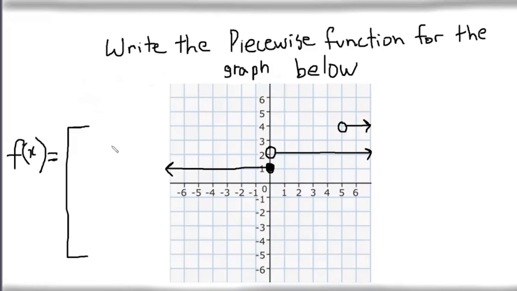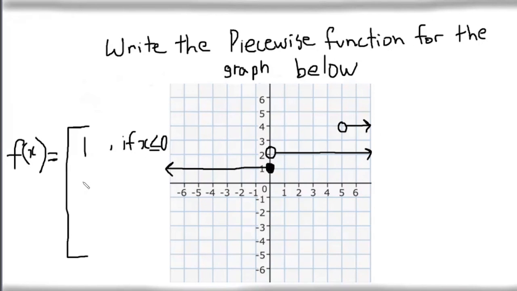So we'll just put in a comma there, and then we'll add if x is less than or equal to 0, right? Because that's what's happening here. It's less than or equal to because it's filled in here, so it's less than or equal to 0, right? So now our equation, it's just a straight line, so it's pretty straightforward. We know that it's a y equals equation, so 1. Okay?